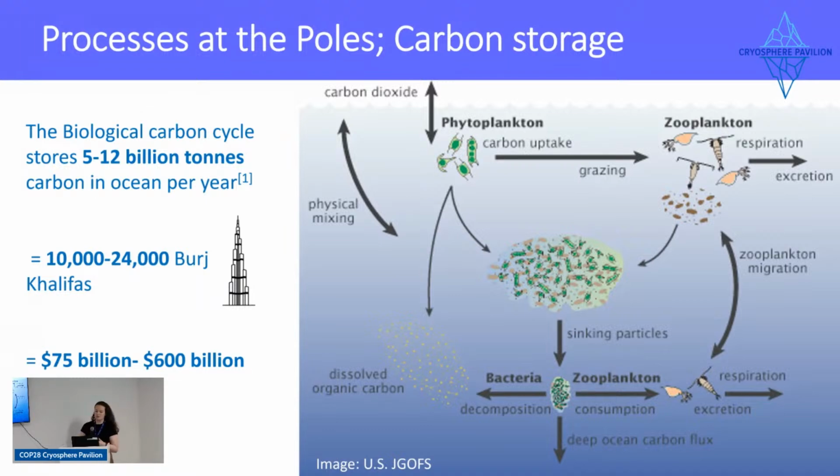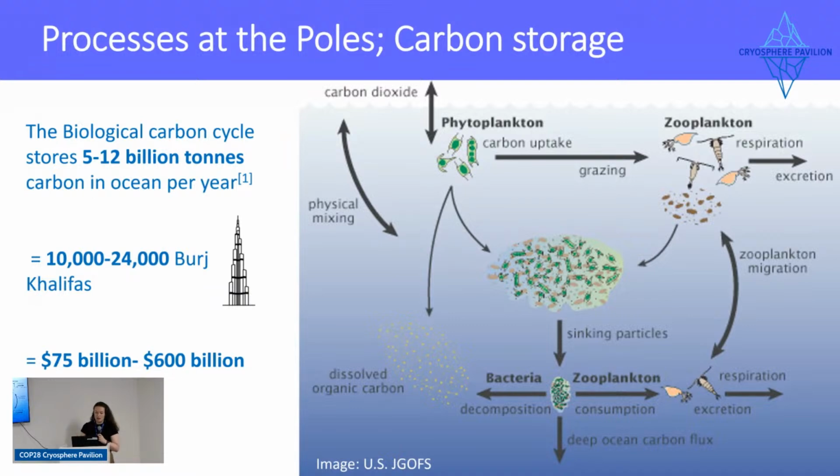So the phytoplankton converts the dissolved carbon in the water into molecules, and it's then eaten by the zooplankton. And as the zooplankton die, and the zooplankton defecate, this releases a lot of carbon material into the ocean, and it sinks. And it sinks into the deep ocean. And this pretty simple process sequesters a huge amount of carbon.